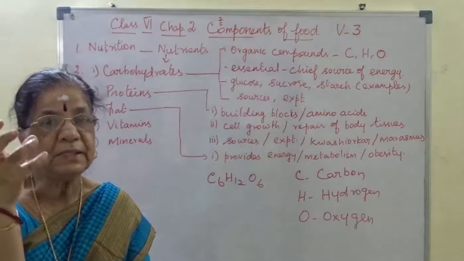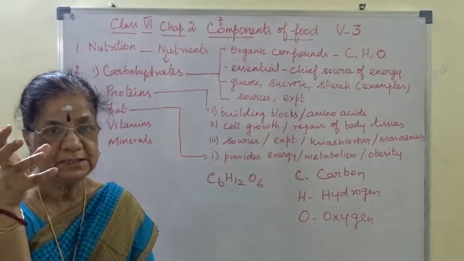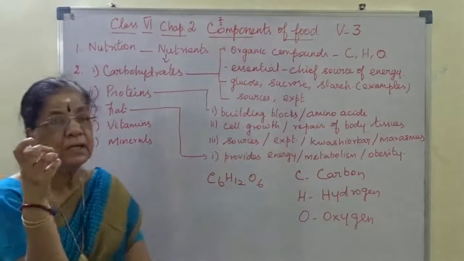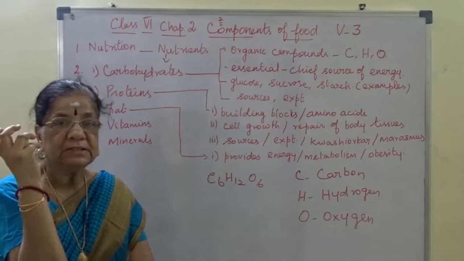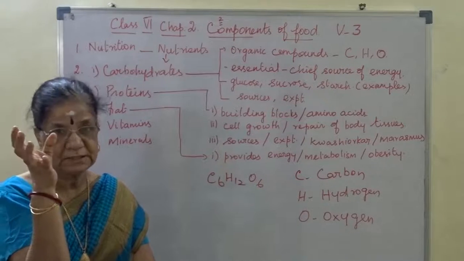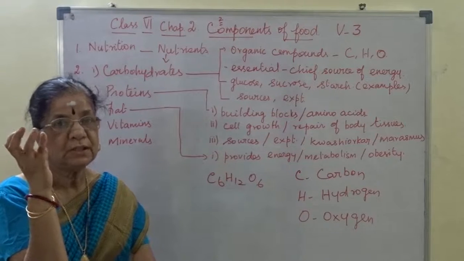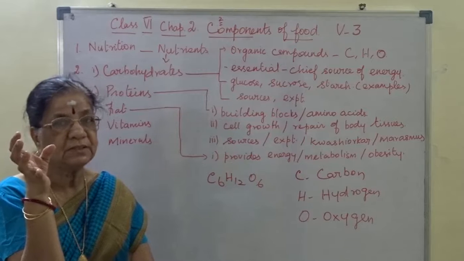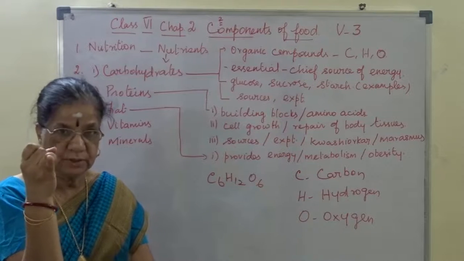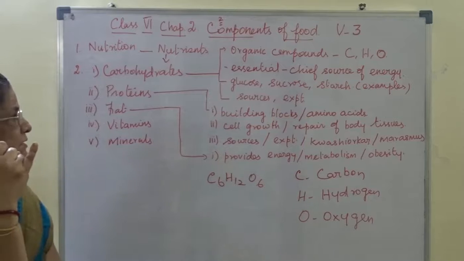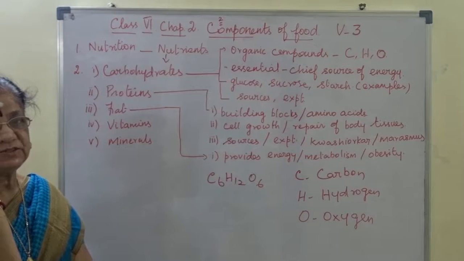And it is the major source of energy. So carbohydrates are essential nutrients and they form the chief source of energy. They are the most essential nutrients and they are the chief source of energy.